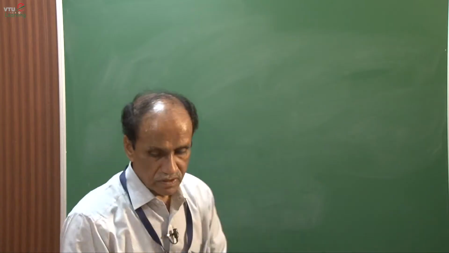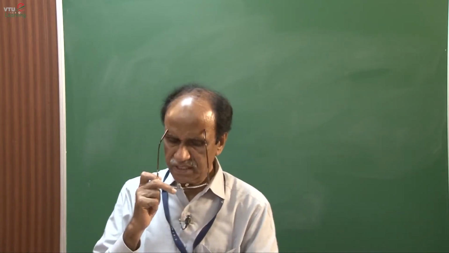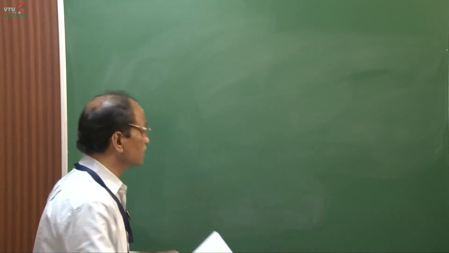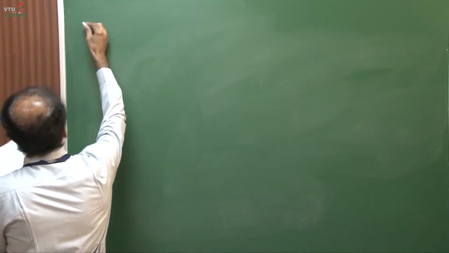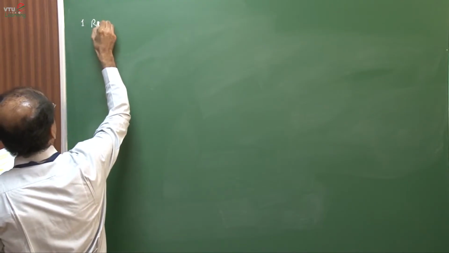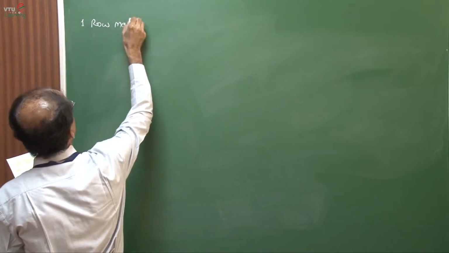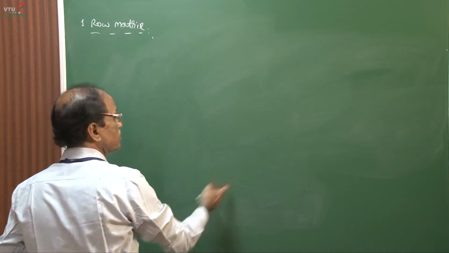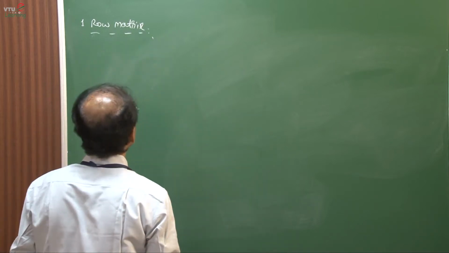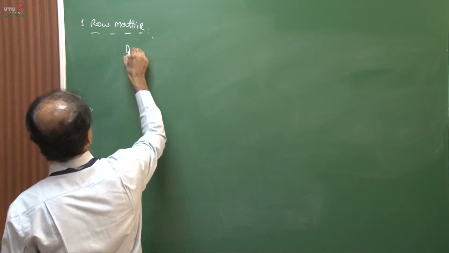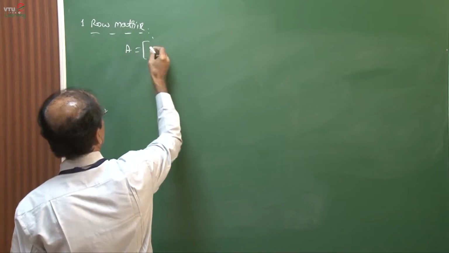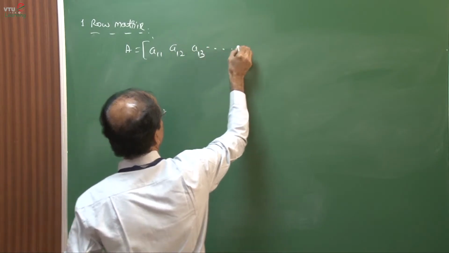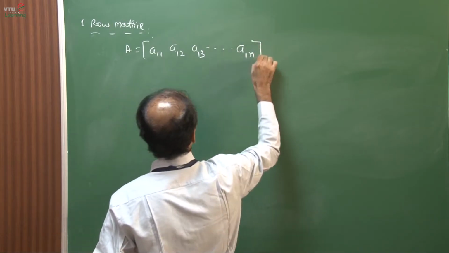The related definitions I shall discuss with reference to the general matrix. The first one is the row matrix. From the same example which I had written, the row matrix can be taken as A equal to the first row, A11, A12, A13 and so on up to A1n.